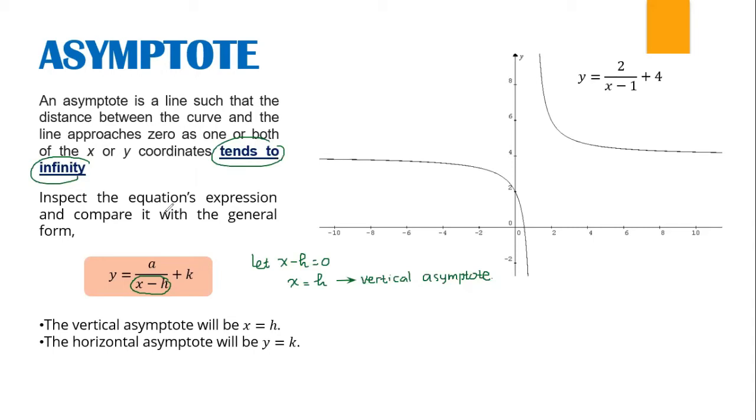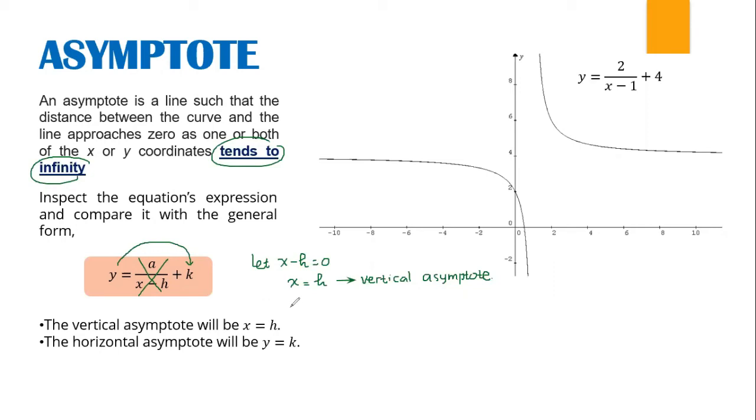Okay, the next is the horizontal asymptote. You can find the horizontal asymptote from the function y equals a over x minus h plus k by cancelling this fraction term. Automatically you will find that this is the horizontal asymptote.